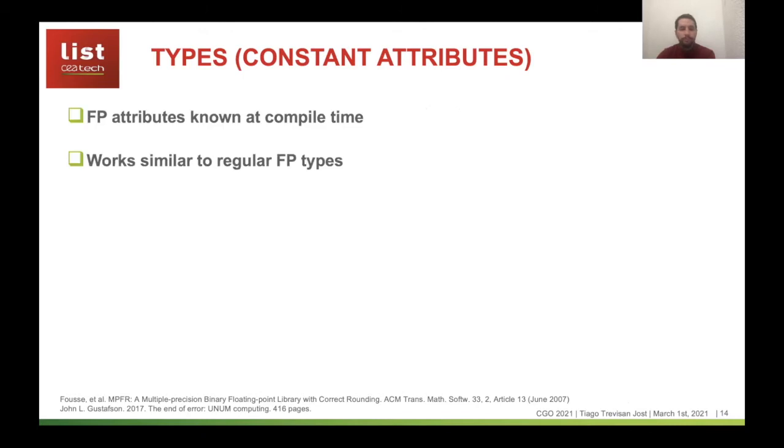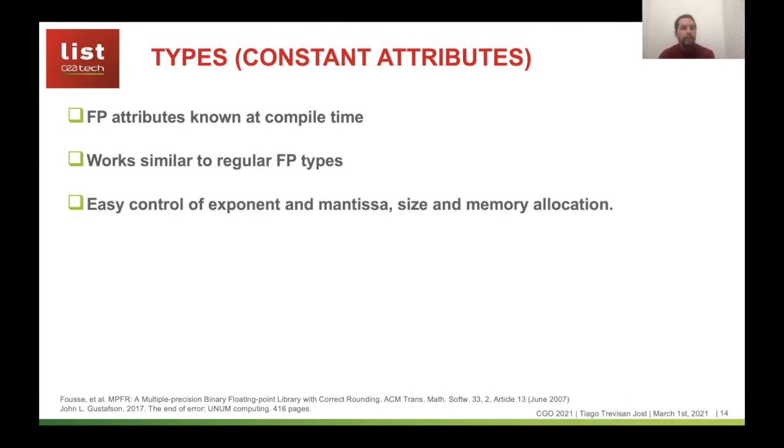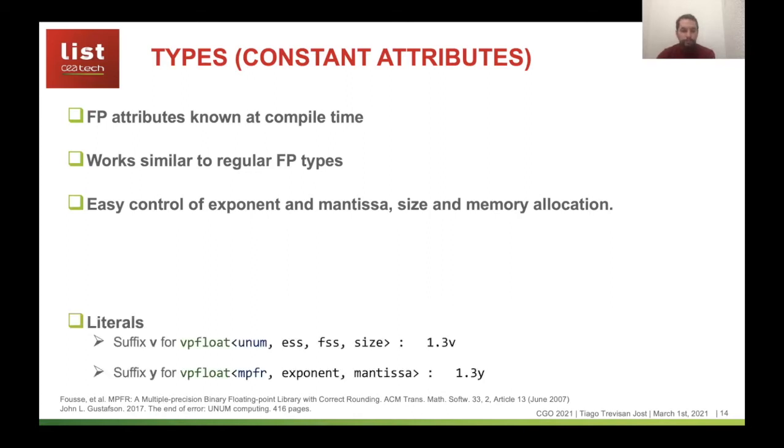Both of these types, VP-float MPFR and Unum, can always be defined either as types with constant attributes, which means that attributes are known at compile time. They work very similar to regular floating point types, so they are easy to control: the mantissa, the exponent, its size, and how to do memory allocation.